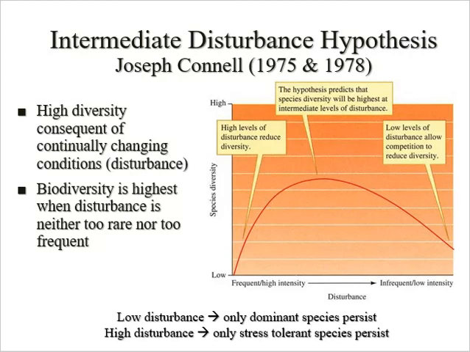A man named Joseph Connell proposed that high rates of diversity were a consequence of a continually changing environment, or continually changing conditions. And from that proposition, he created what was called the intermediate disturbance hypothesis. This hypothesis proposes that intermediate levels of disturbance promote higher levels of diversity, right?